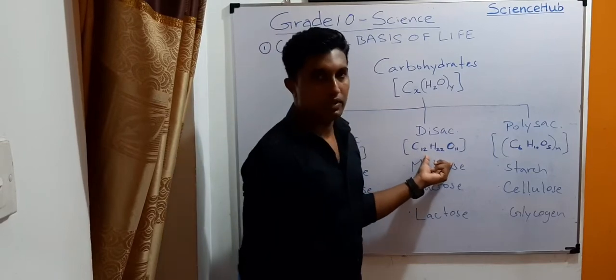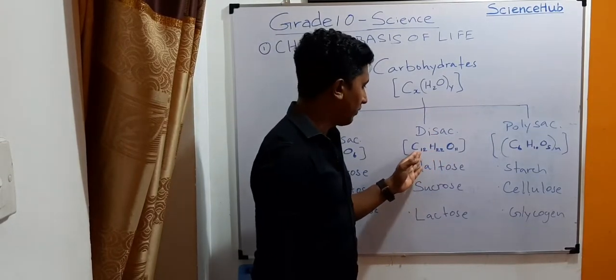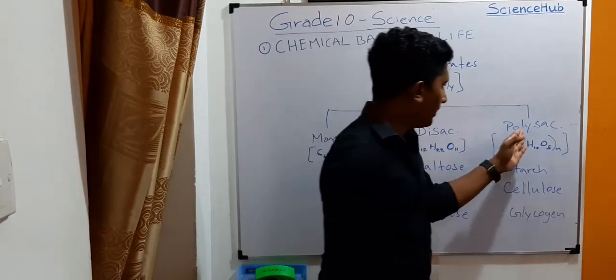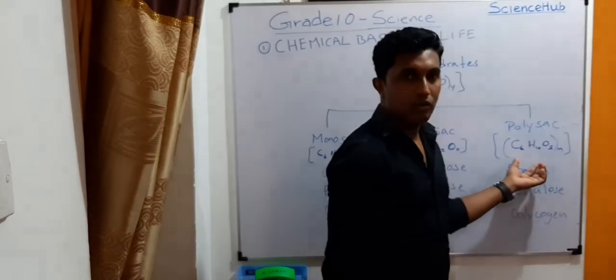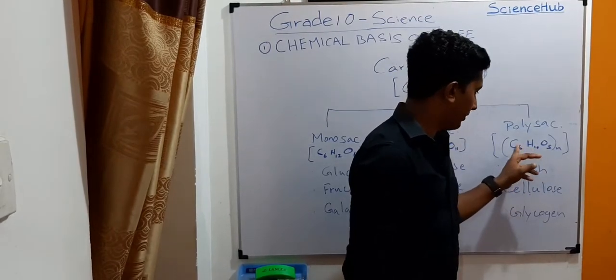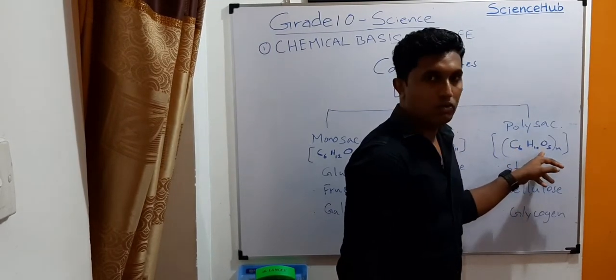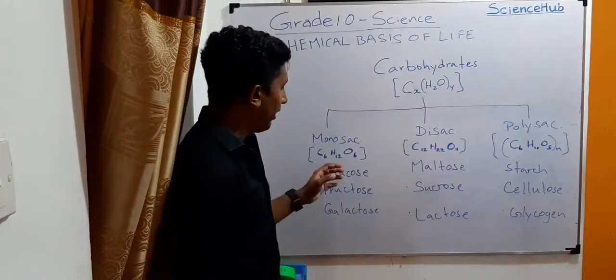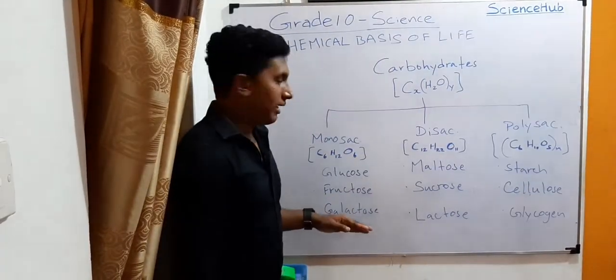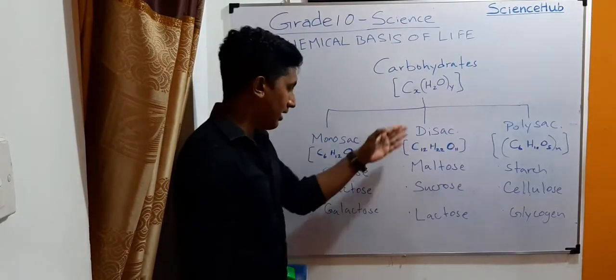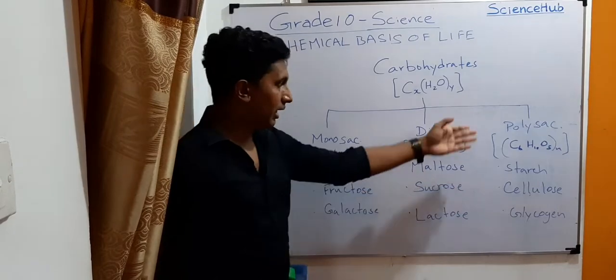The actual chemical formula of disaccharides is C12H22O11, and the actual chemical formula of polysaccharides is C6H10O5 into N.